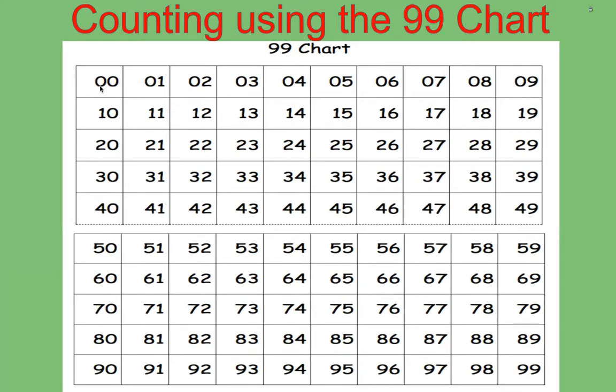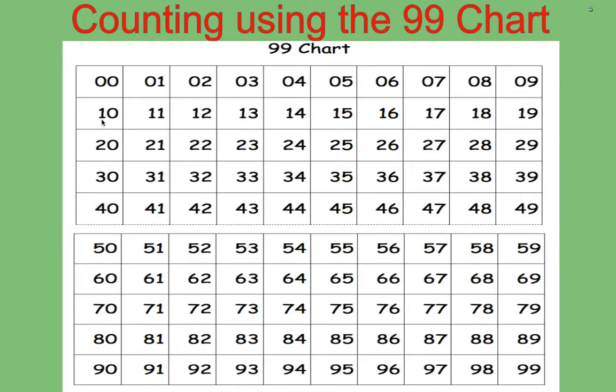So we begin with 0 tens, 0 ones, 0 tens, 1 one, 0 tens, 2 ones, 0 tens, 3 ones, 0 tens, 4 ones, 0 tens, 5 ones, 0 tens, 6 ones, 0 tens, 7 ones, 0 tens, 8 ones, 0 tens, 9 ones. Now we have one bundle of tens.